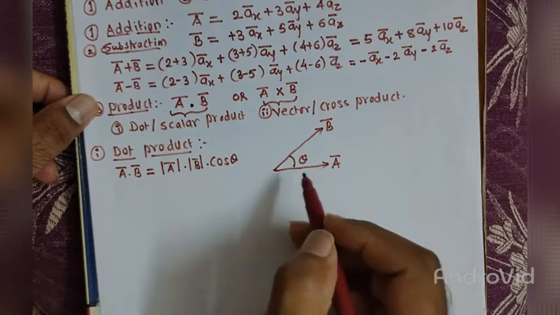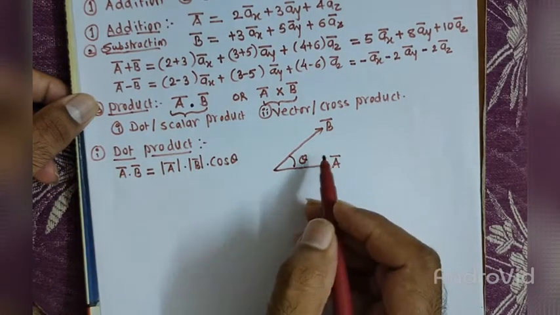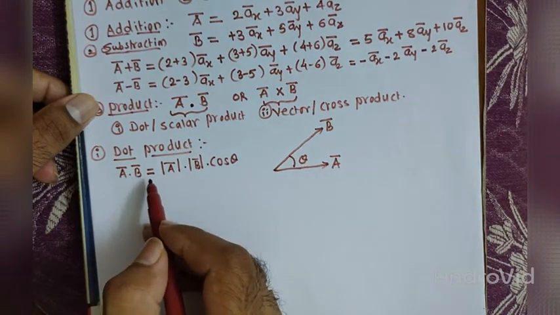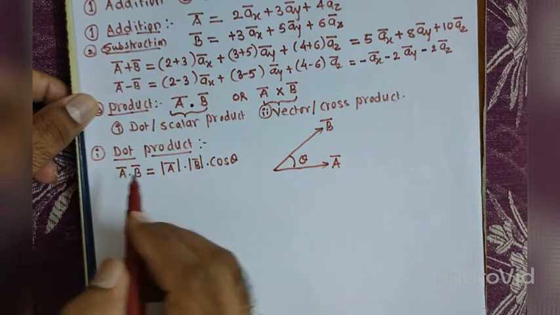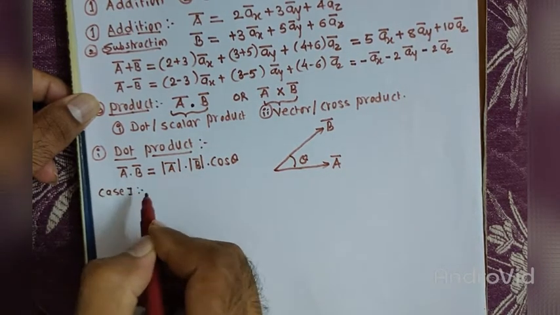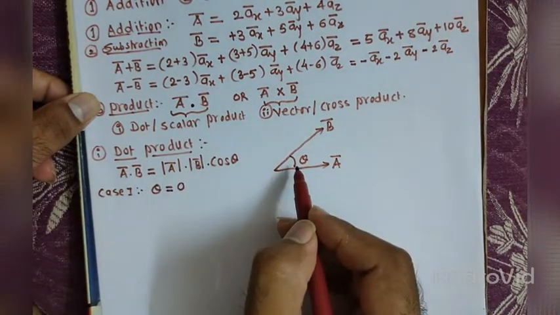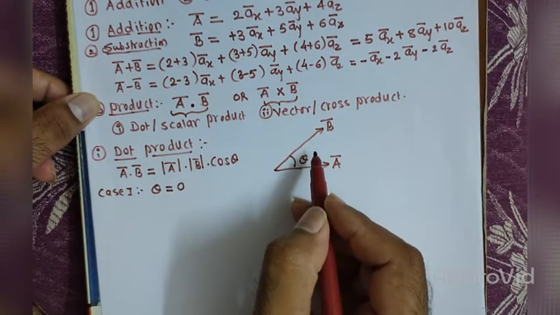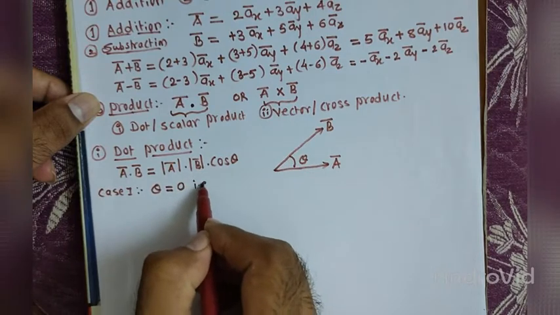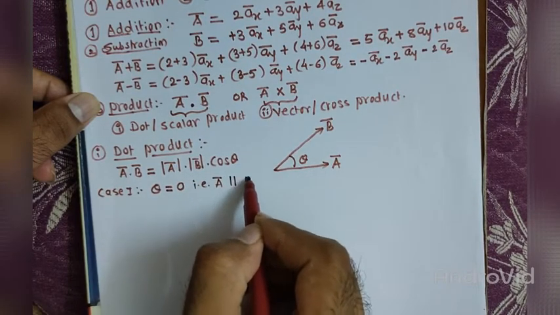So based on different values of theta, theta may be varying from 0 to 360 degrees, we will get the value of a dot b, right? So if we consider different cases, let's say case 1: if suppose theta is 0. What do you mean by this theta angle is 0? It means a bar is parallel to b bar.